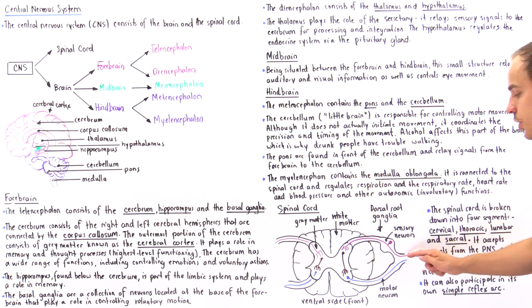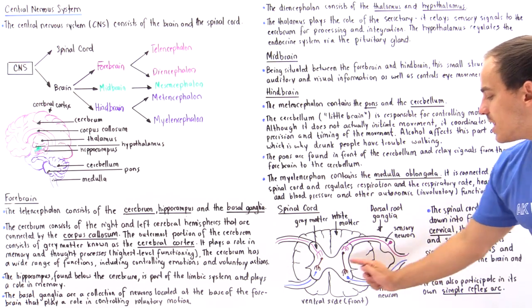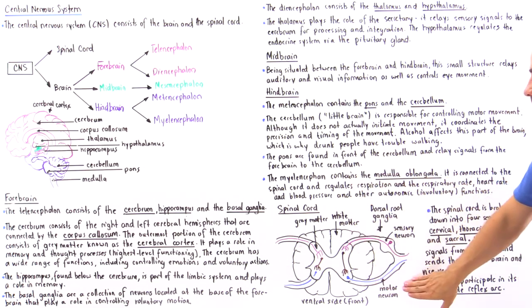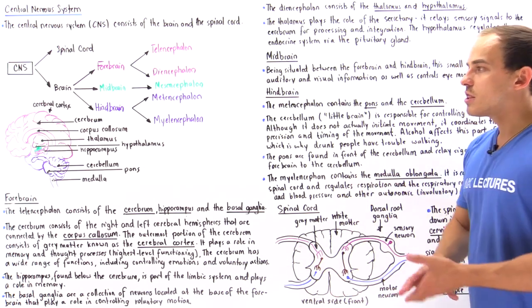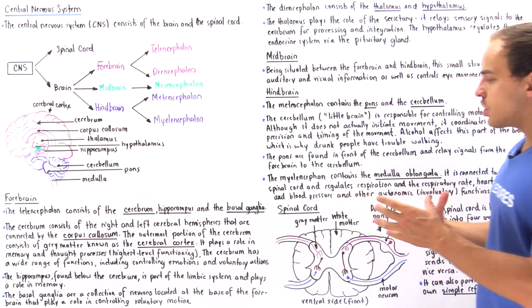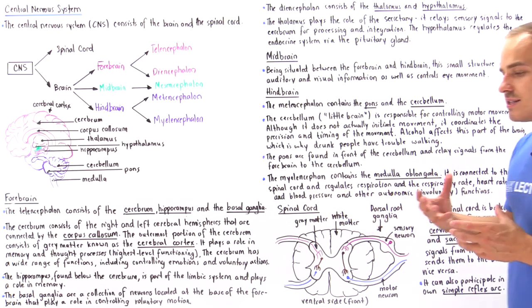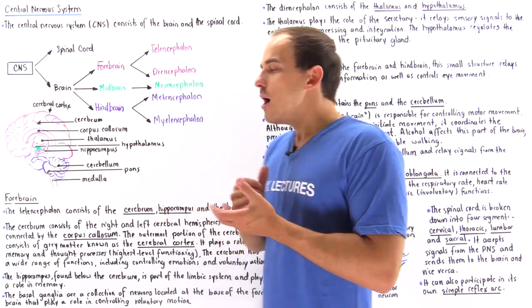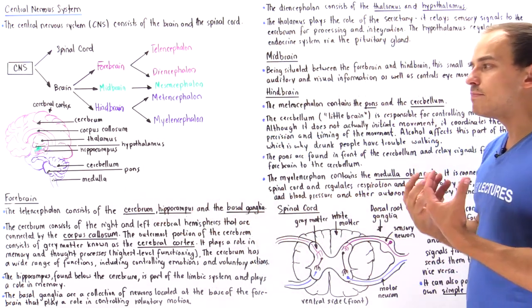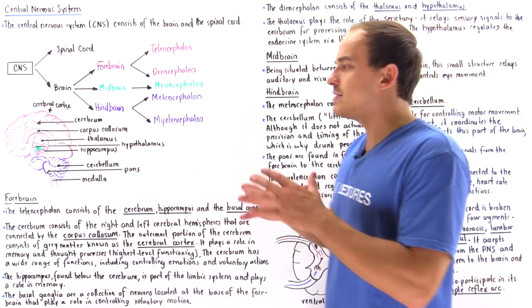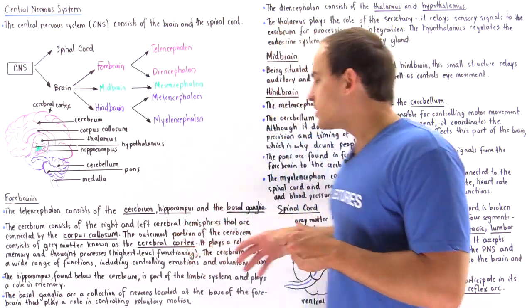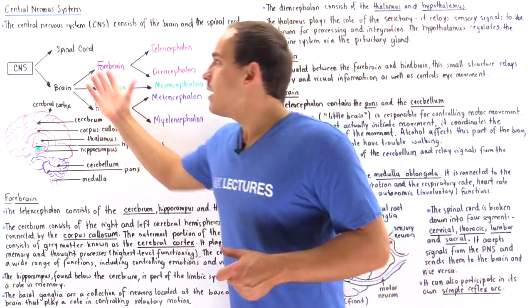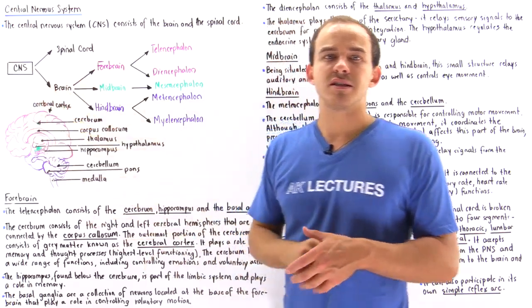So the sensory neurons enter from the back and the motor neurons exit from the front, which is known as the ventral side. The spinal cord is involved not only with integrating the information, but also with accepting and sending information out to different parts of the body. The spinal cord and the brain make up the central nervous system of the body.